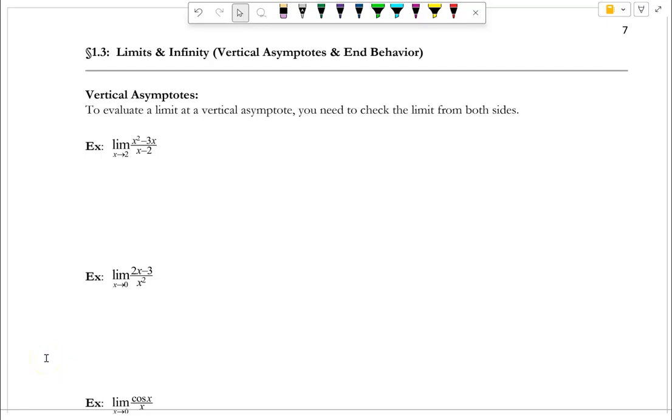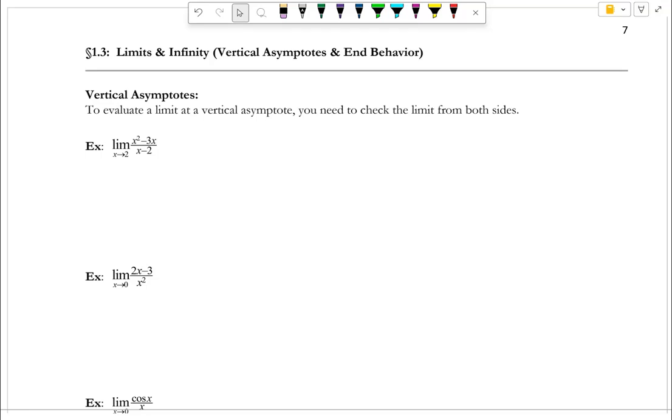So far, we have learned how to evaluate limits where a function is continuous and where the function has a possible jump or has a hole. In this section, we will be working with limits when our function has a vertical asymptote or end behavior. So these are limits that deal with infinity, the concept of infinity, and the actual limit value could be infinity.